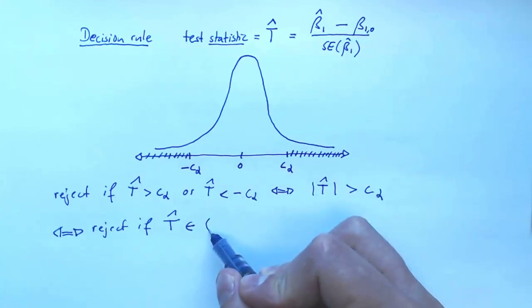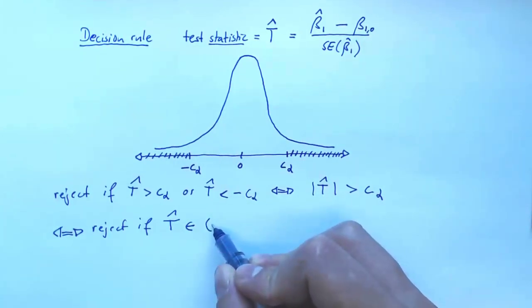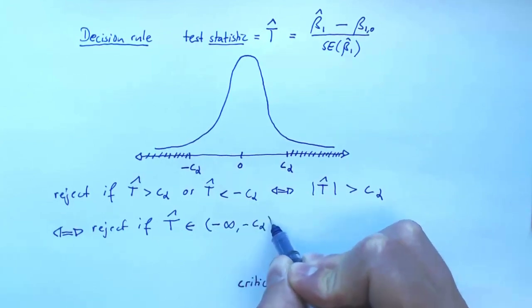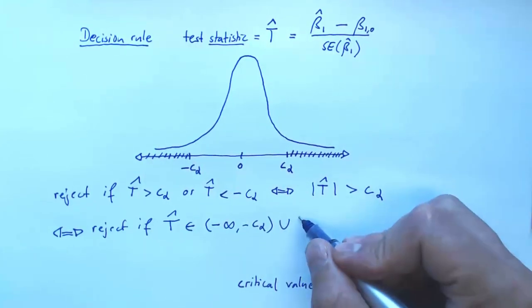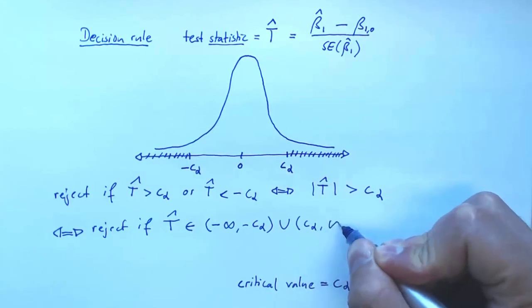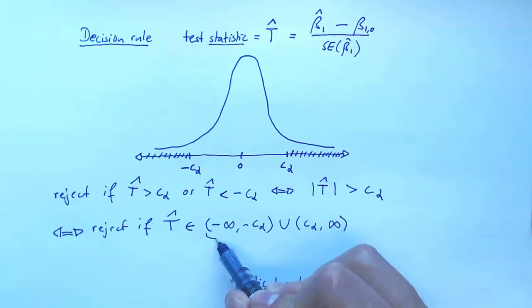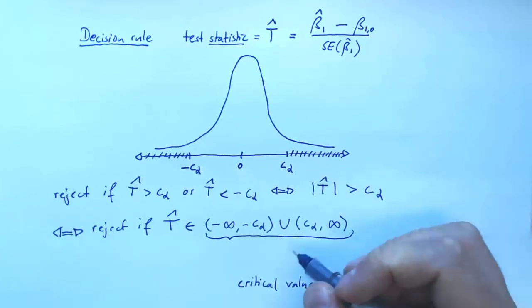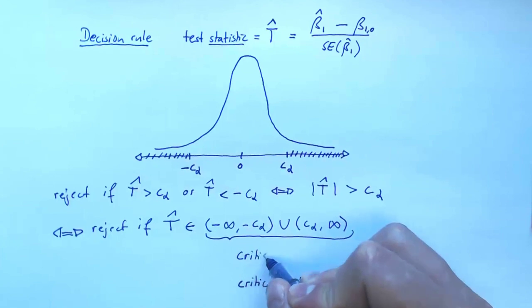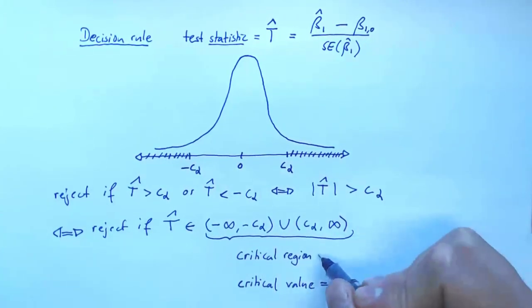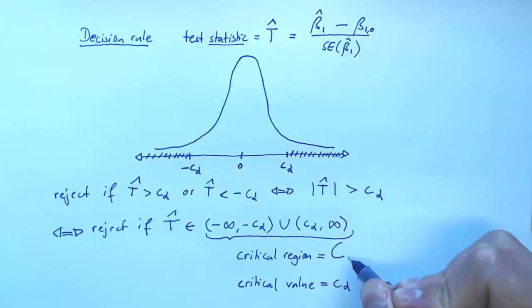So we can put it together from the intervals minus infinity to minus C alpha and C alpha to infinity. And this set of values for which we reject is called the critical region, and I will denote it by capital C alpha.